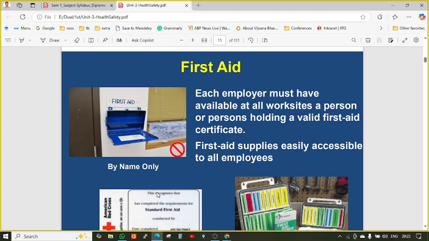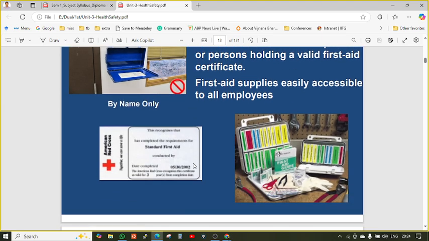So what is first aid? First aid means if someone gets injured, whether little or more, a kit should be present near the workplace immediately. It may have scissors, ointment, tablets, some basic things, so they can immediately relieve the injured person.